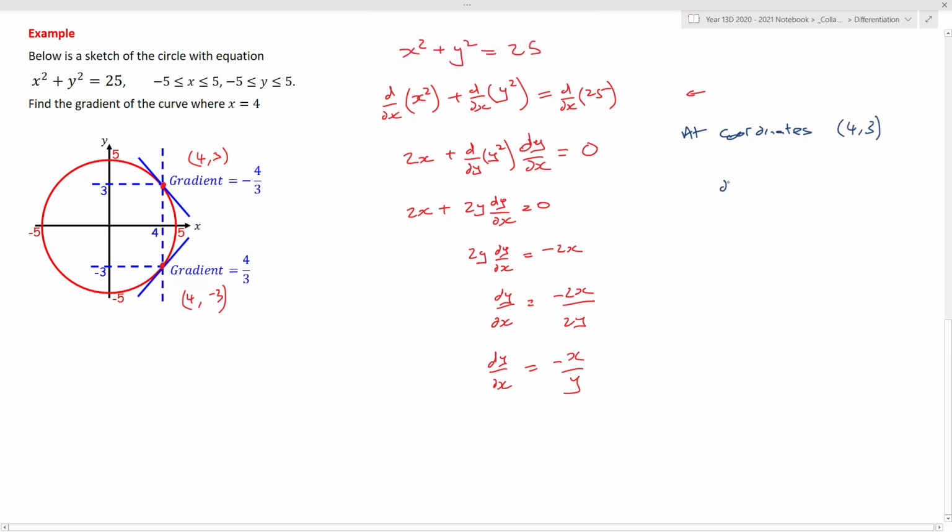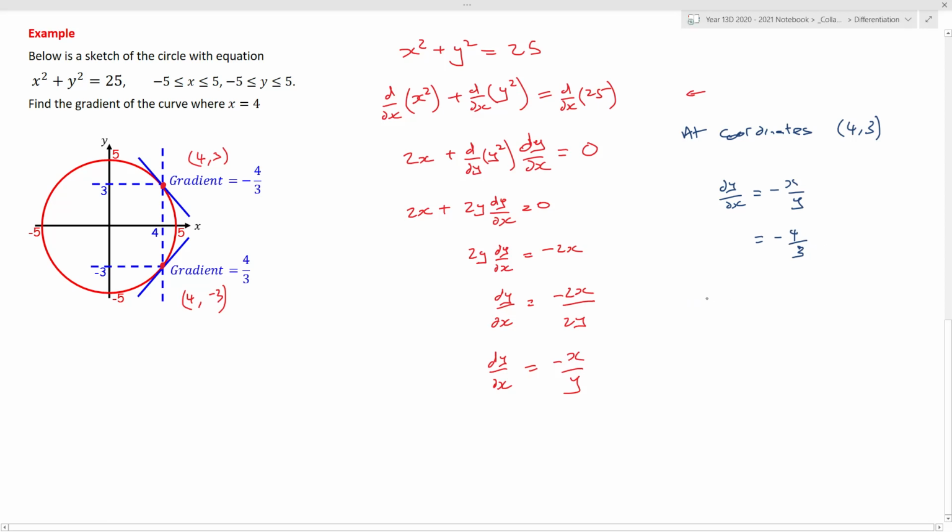dy by dx is going to be equal to minus x over y, which is equal to minus 4 over 3. And so that's one set of results.